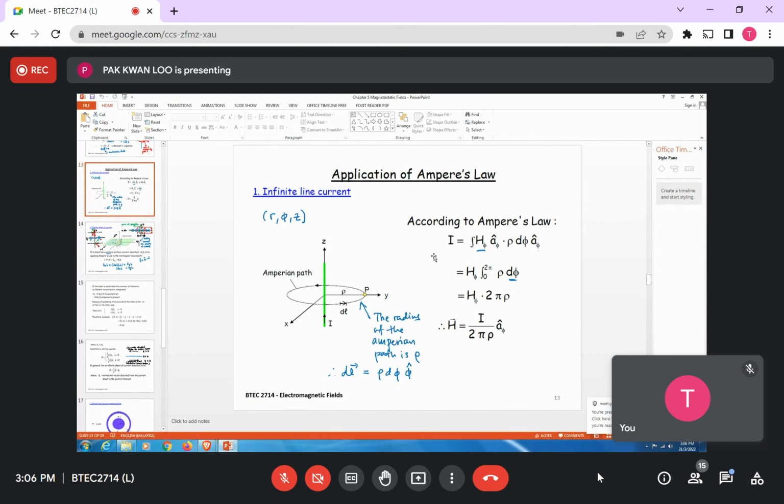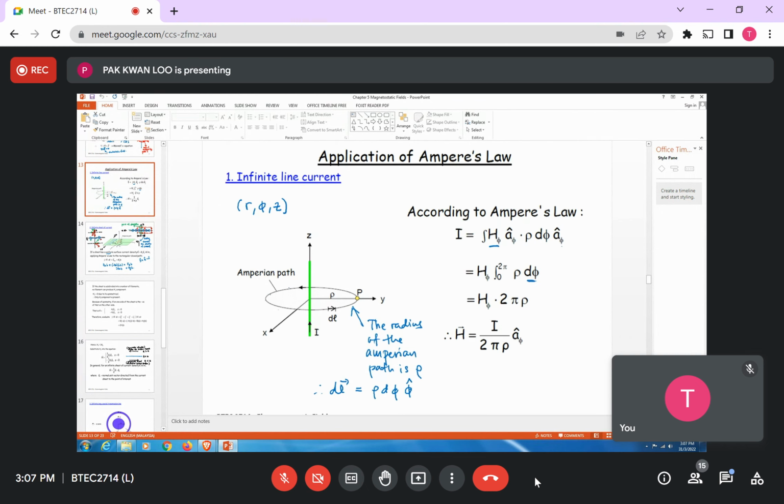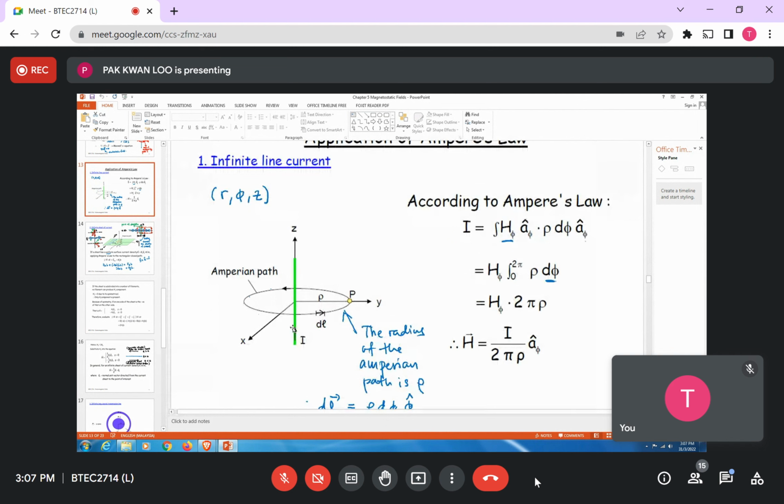Application of Ampere's law. First demonstrated if the line is infinite, and this always provides a condition if the line is infinite for a current that passes through an infinite length.